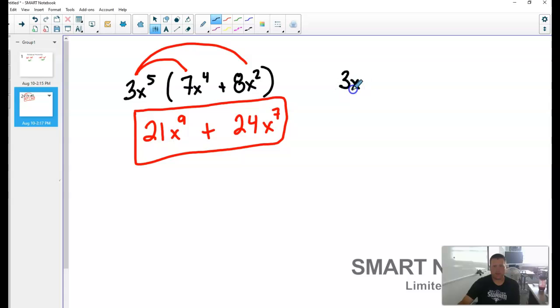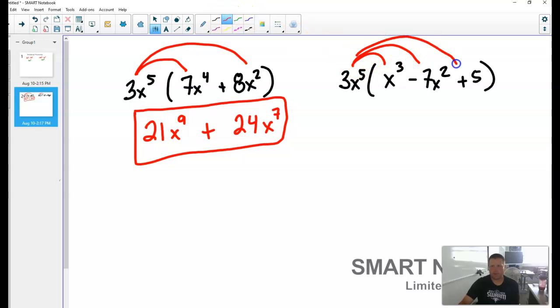Again, if I have a trinomial, I'm going to do it 3 times. So if I had this 3x to the 5th here and I was multiplying it to x to the 3rd minus 7x to the 2nd plus 5, I'm going to multiply this to every single term in the trinomial. So I'd end up with 3x to the 8th. Again, 3 times 1 is 3, and 5 plus 3 gives me 8.